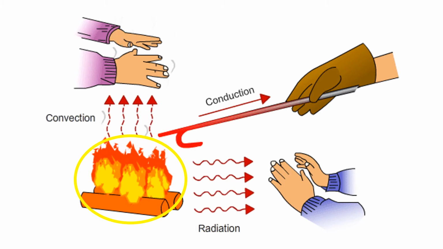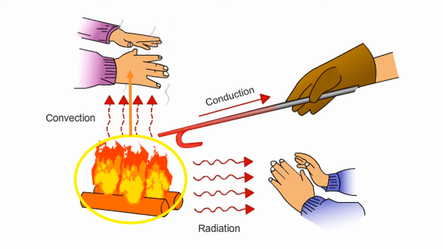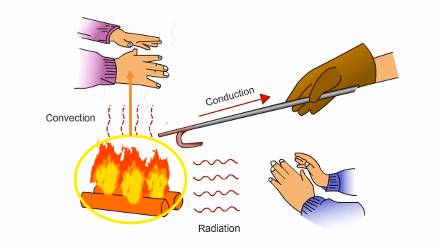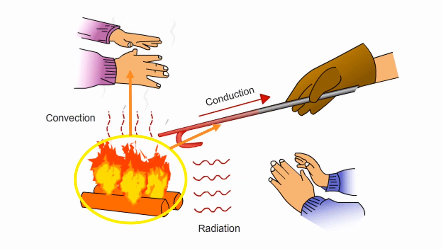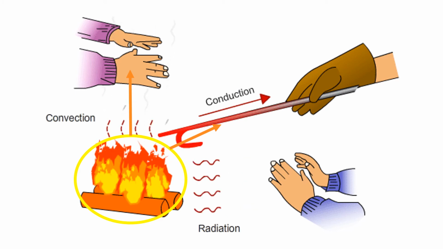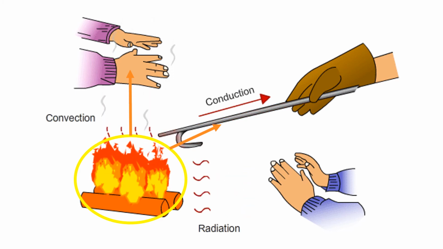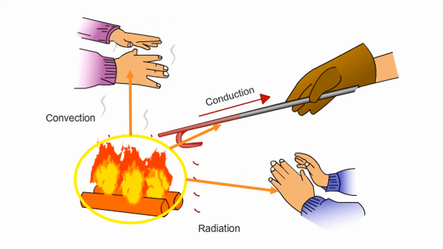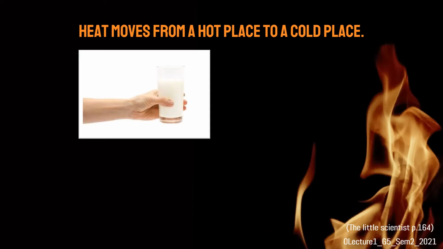So heat moves from the fire to these hands. Heat moves from the fire to the metallic stick. Heat moves from the fire to these hands. Again, heat moves from a hot place to a cold place.